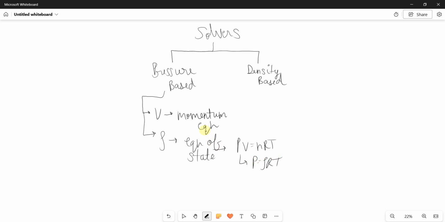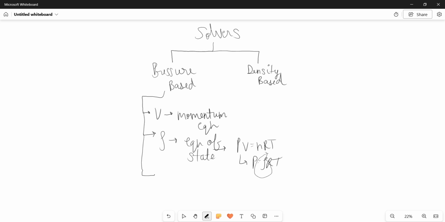So you know the value of V, then you plug it into the continuity and momentum equations, you get the value of P. You replace it in the state equation, you get your rho. This is how you get density in your pressure-based equations.